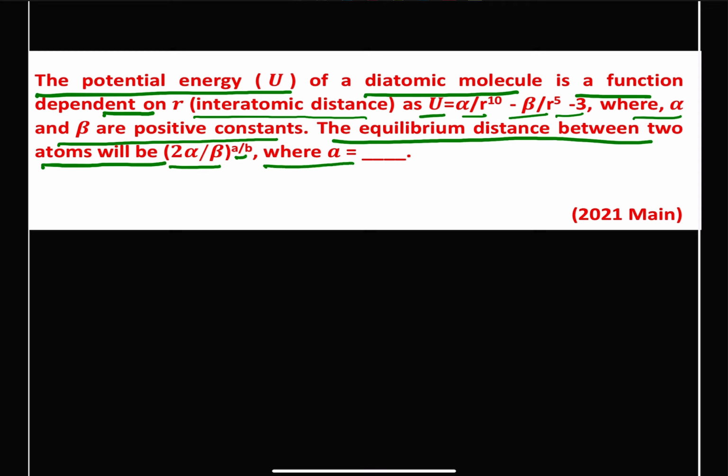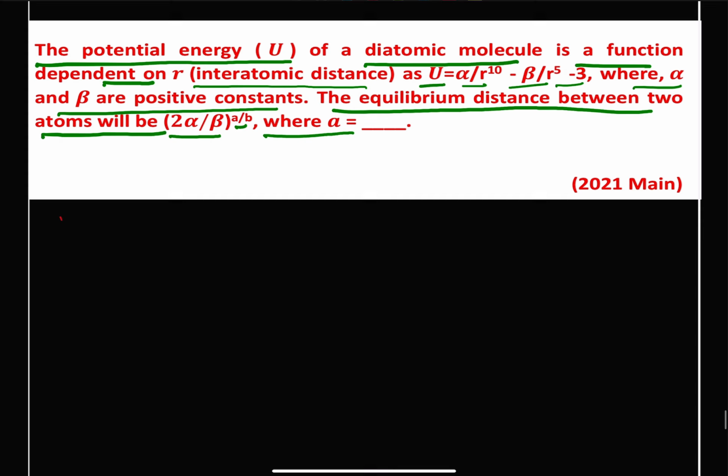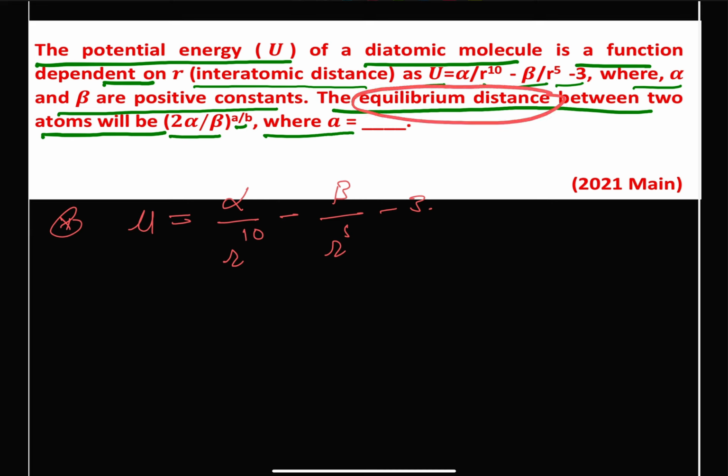So we are given that the equation of potential energy is given to us. So we are given that energy U is equal to alpha upon r raised to power 10 minus beta upon r raised to power 5 minus 3. And we have to find out the equilibrium distance. And at equilibrium distance, we can say that your energy has to be minimum.